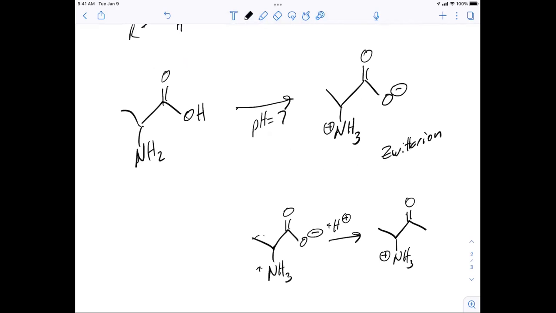And I dropped my positive off of that, so make sure you get that, right? And having this species, right? So under higher acidity, we'd end up with this species, but you also have the possibility of having... and I'm going to turn that around a little bit.